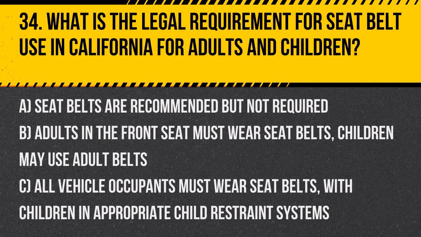Answer: C. All vehicle occupants must wear seat belts, with children in appropriate child restraint systems. This law helps ensure safety for all passengers and reduces the risk of injury in accidents.